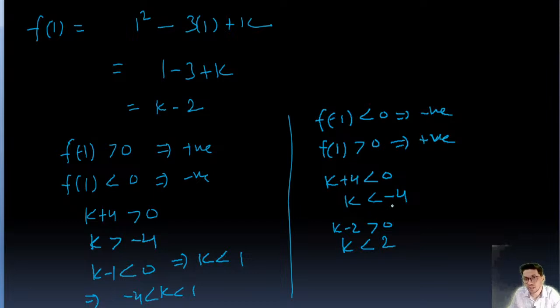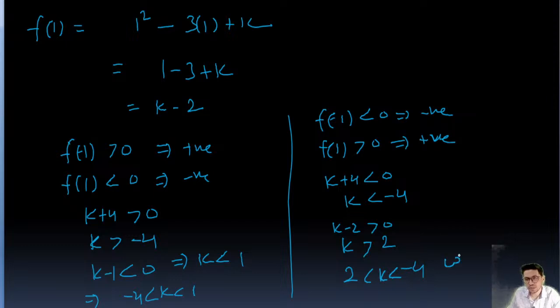Here you can see k is less than minus 4, and at the same time k is greater than 2, right? It's not possible, guys.